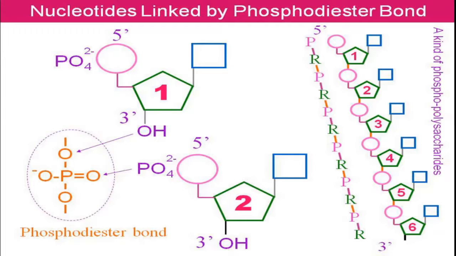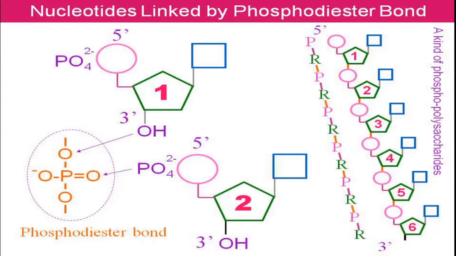The first nucleotide has a free hydroxyl group at the 3' end of its central pentose sugar ring, and the phosphate present at the 5' end of the central pentose sugar of another nucleotide come together to remove one water molecule, at the expense of which the phosphate at the 5' position gets linked to the 3' end of the first nucleotide.